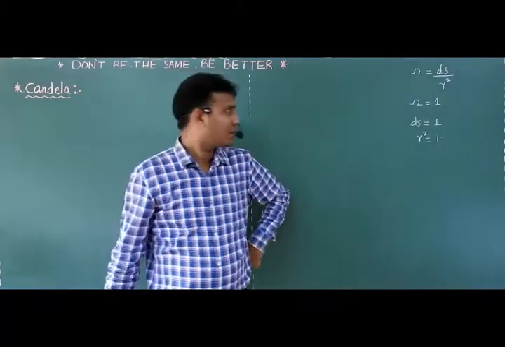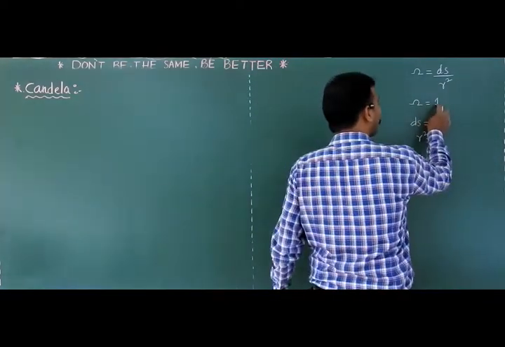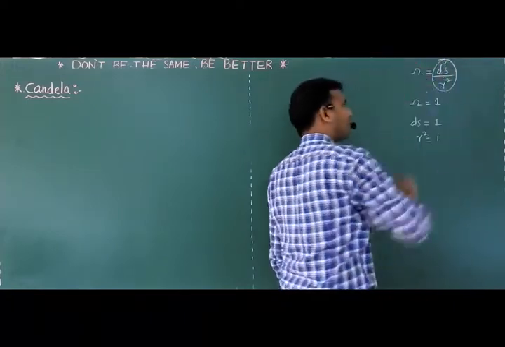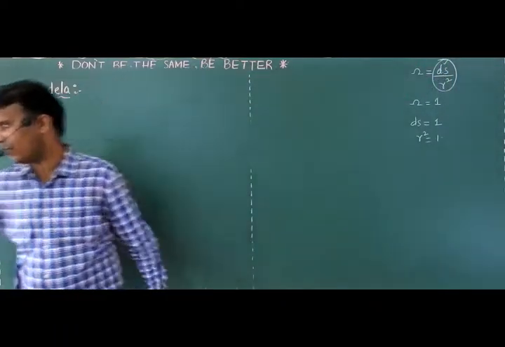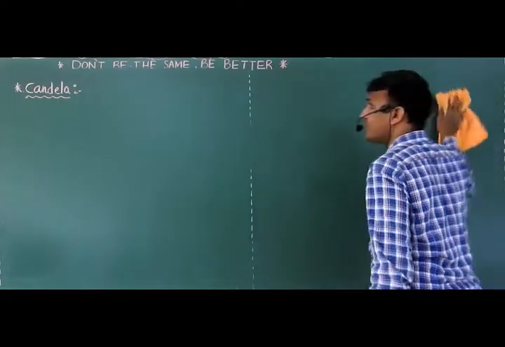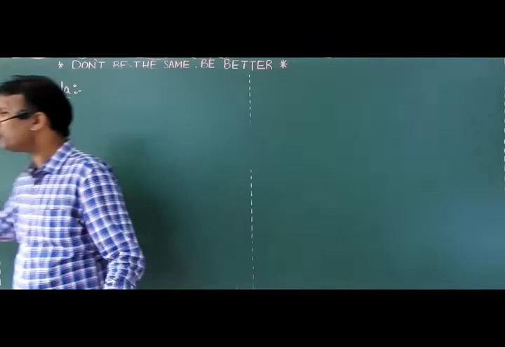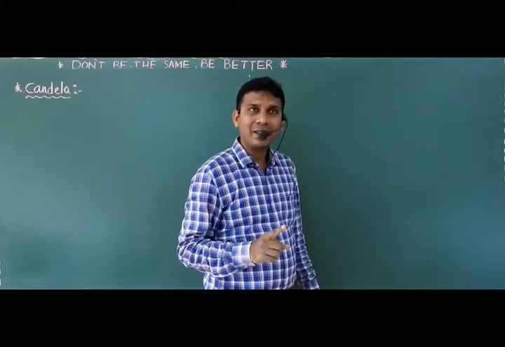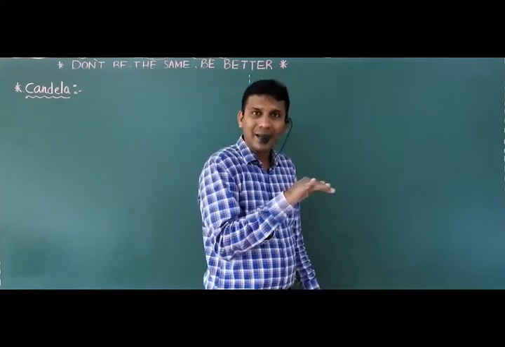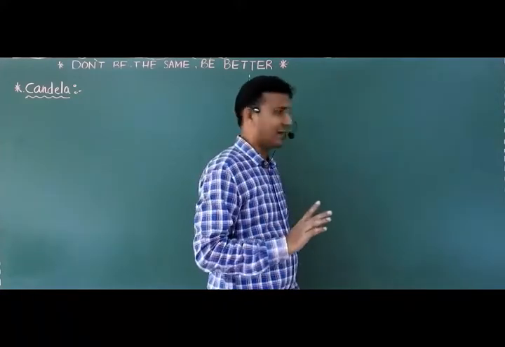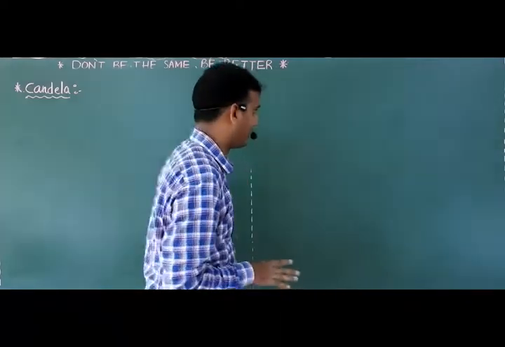So Ω equal to 1 means this whole value must be equal to 1. Now I am taking the unit steradian. Unit second; per second means divided by second. Here I am calculating 1 steradian.